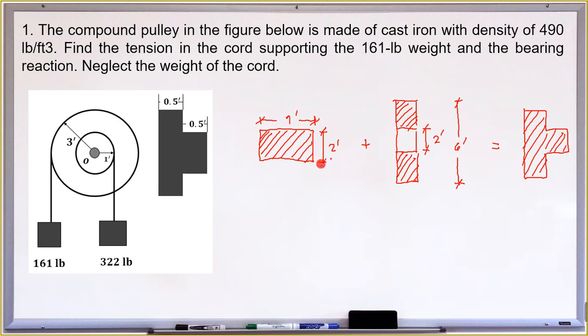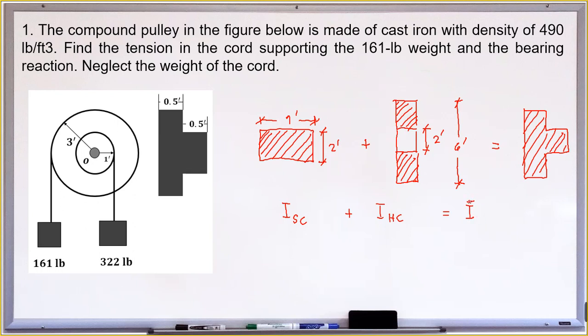So we need to find the moment of inertia of this solid cylinder, then the moment of inertia of this hollow cylinder, which together equal the total centroidal moment of inertia of this compound pulley. So that is I of the solid cylinder plus the mass moment of inertia of the hollow cylinder is equal to the centroidal moment of inertia of this compound pulley.